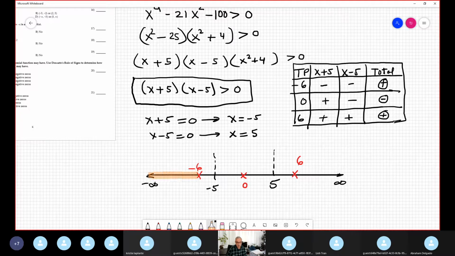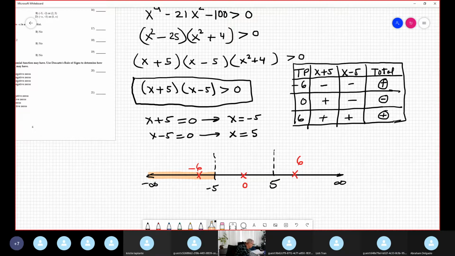Therefore, the testing points that passed the test were negative 6 and positive 6. Now I discovered that this is negative 6. We do not stop at negative 6, because negative 6 is one hypothetical number that I select, and another student selects another, negative 7. So our interval extends from negative infinity to negative 5, including negative 5?